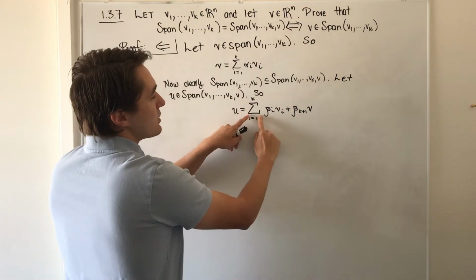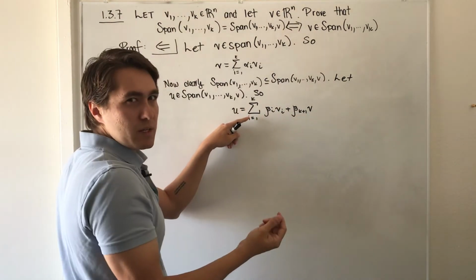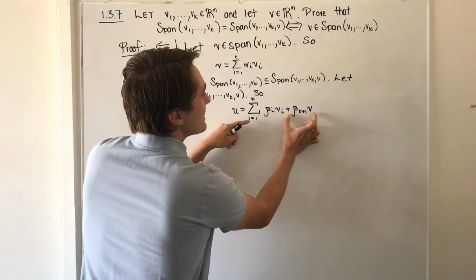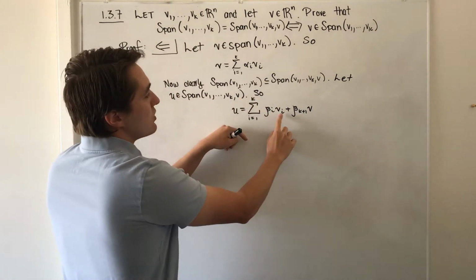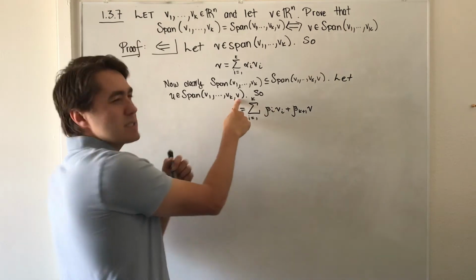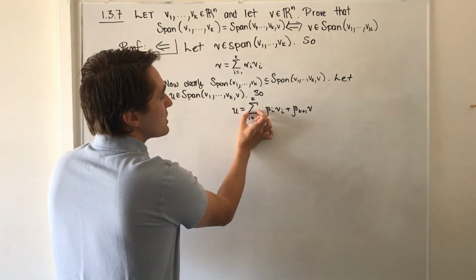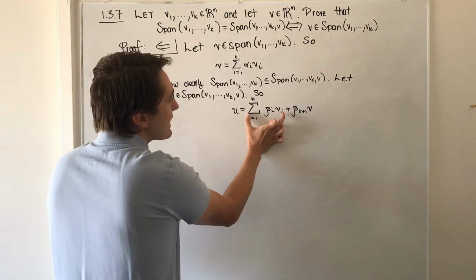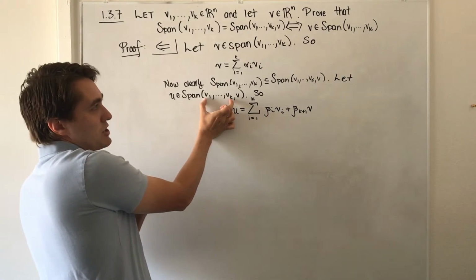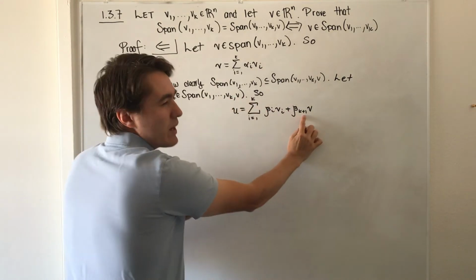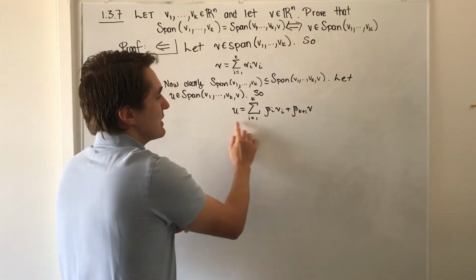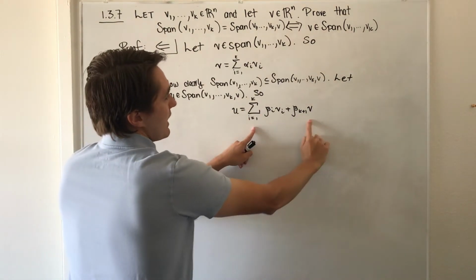I'm using sigma notation, but I intentionally leave out the V. Right now notice this is V sub i, and this thing doesn't have a subscript. So this sigma notation takes care of this part of the linear combination, and then I throw in this extra term. It's a linear combination of all of these, and that's what I've got here.